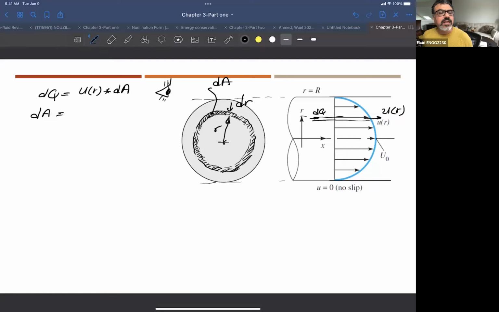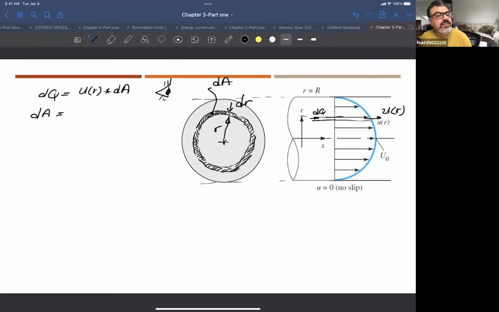What is the area of these elements? What do you call this element? It's a ring, right? Pi r squared? Oh, this is the total area. What is the element in this area here?